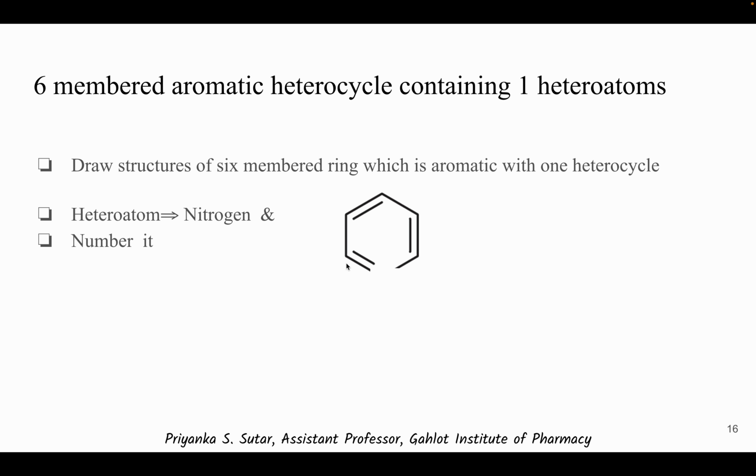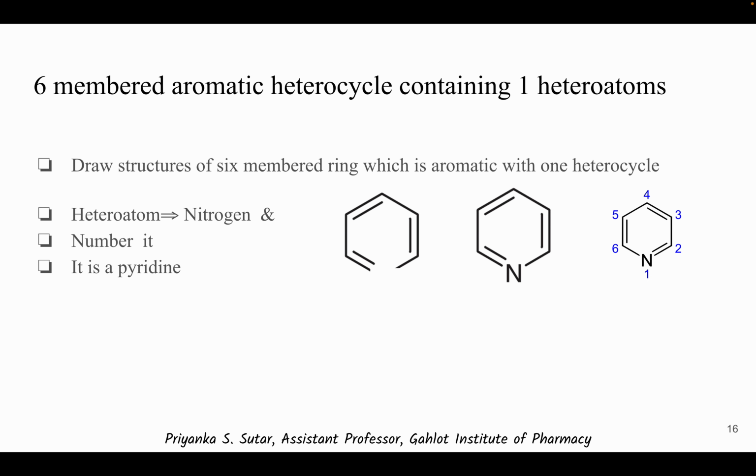So you can pause the video and write the structure. It is a pyridine. So it looks like this, and after numbering it is 1 2 3 4 5 6. Now here you attach a benzene ring to the third and fourth atom, so to this bond.